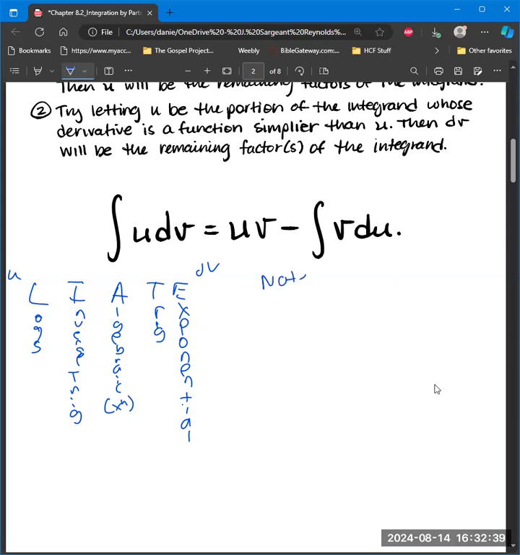So, notes here: be sure you can tell the difference between your u and your v. I put a little tail on the end of my v there so that it's obvious.